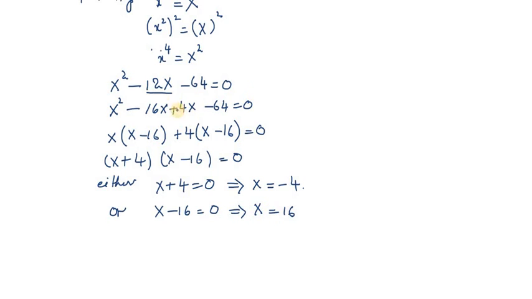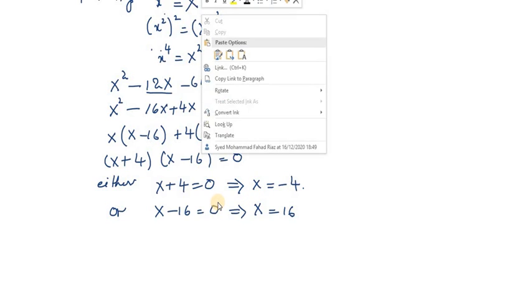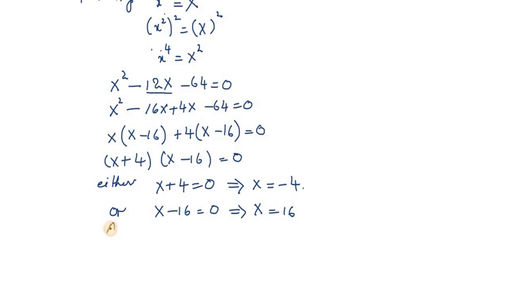Because we supposed x square is equal to capital X, so we get two values of X. At X is equal to minus 4, we are doing back substitution.